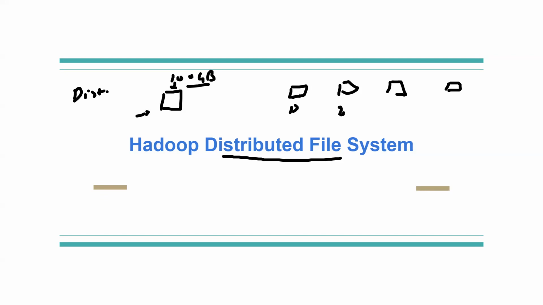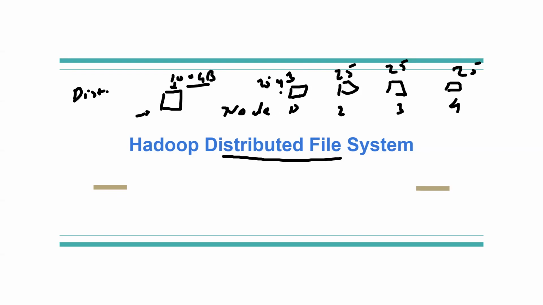This is disk 2, disk 3, and disk 4. Instead of storing 100 GB in one machine, we can store 25 GB here, 25 here, 25 here, and 25 here. In such a way, we have the data available in four different locations, which we call a node.